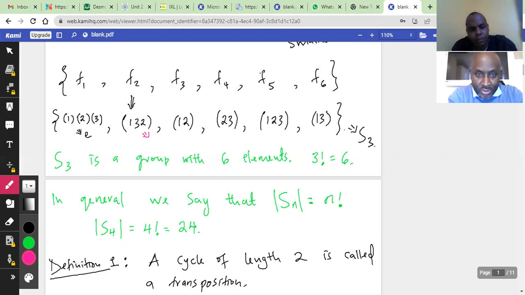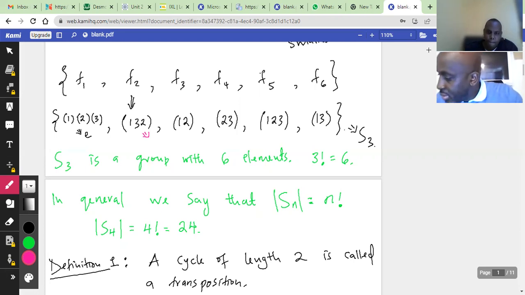I need to work this out. Have we done (1 2 3) before?